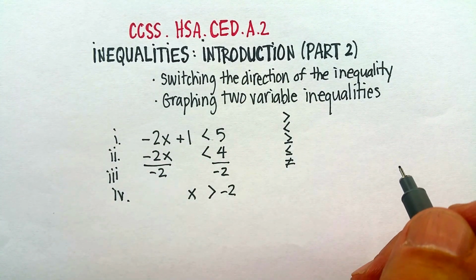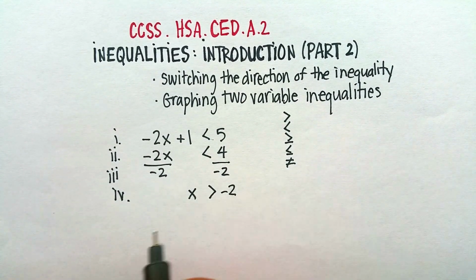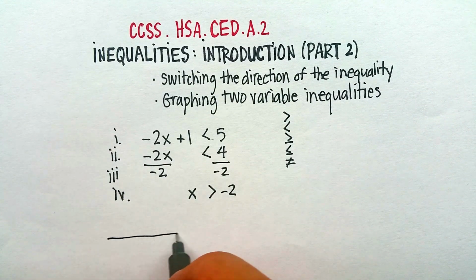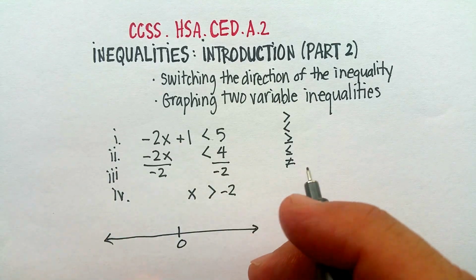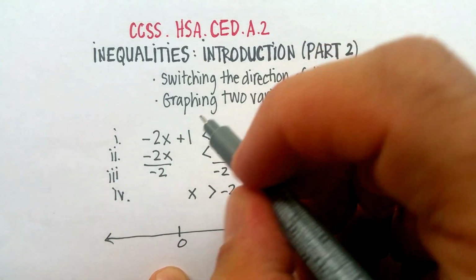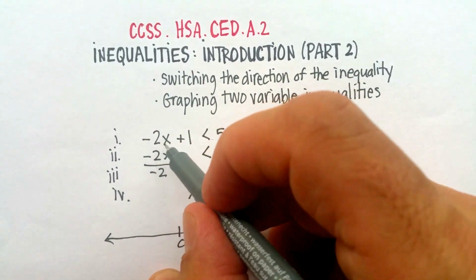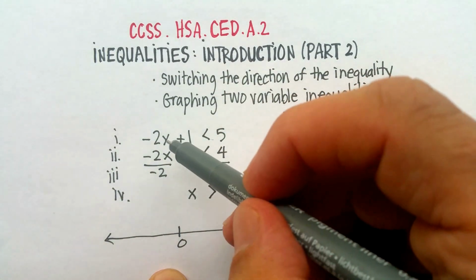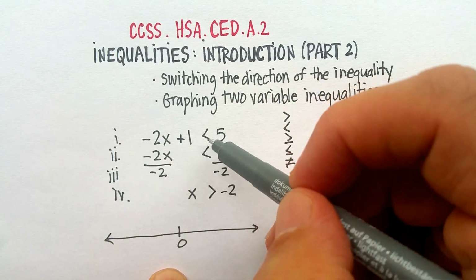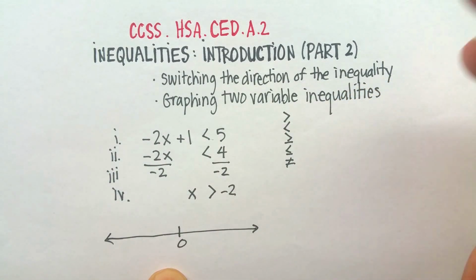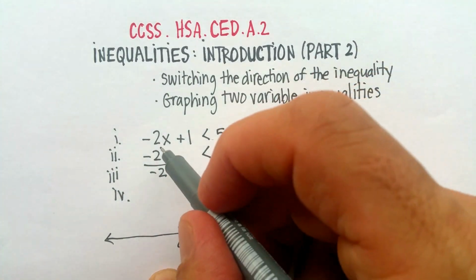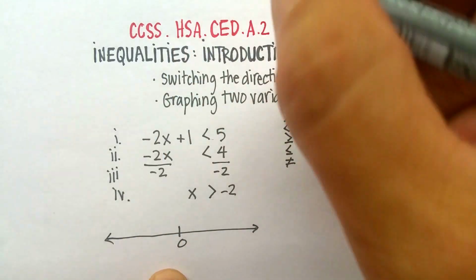Now, why is that? I think maybe if we graphed it on the number line, we would see the answer to that question. Now, I'm looking for all the x's that when I plug them in here, they will end up being less than 5. Okay, so let's just choose a random number. Let's just choose like 2, okay?